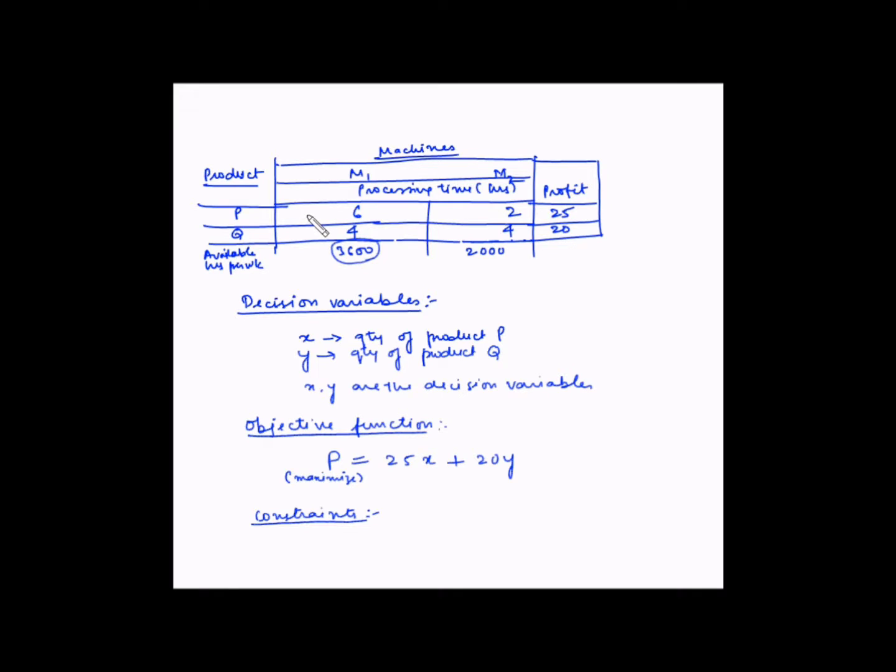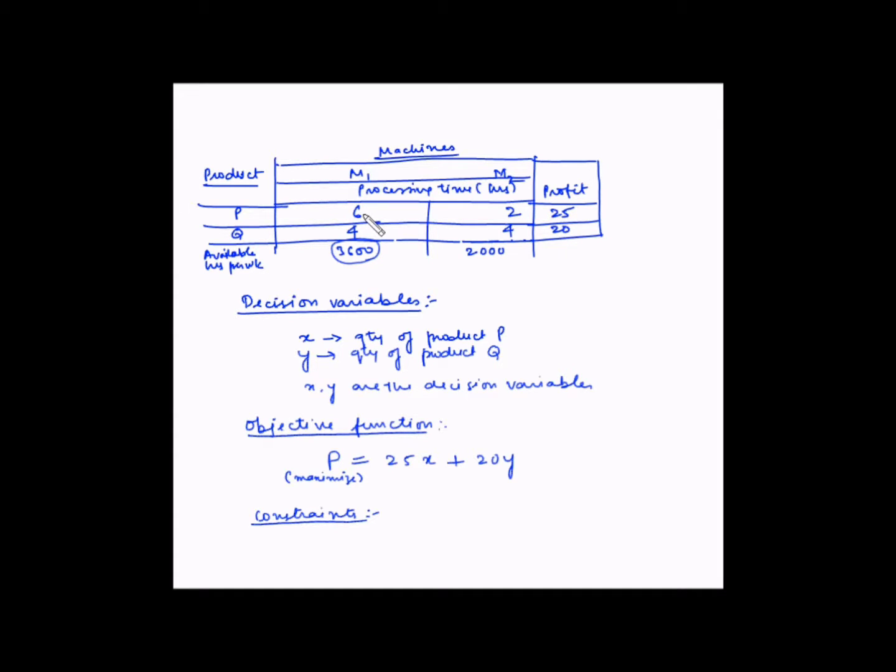So first we have to find out the number of hours required for P to be processed on machine M1. Now we have assumed X as the quantity that we are going to manufacture for product P, and each unit of product P needs 6 hours of processing on machine M1.